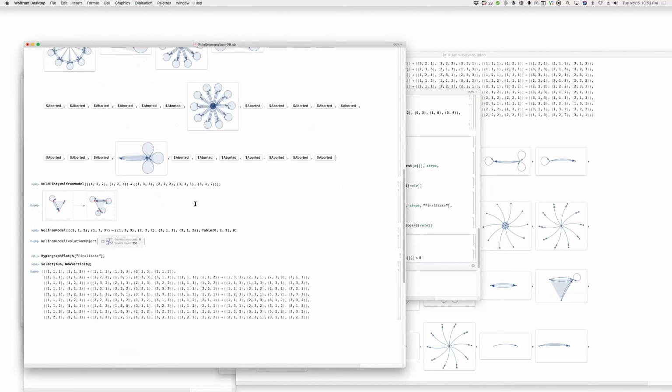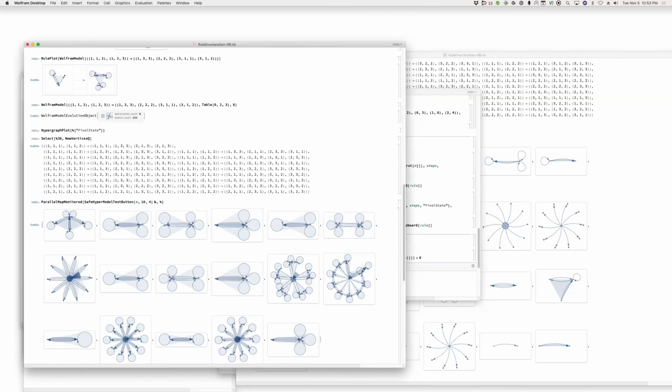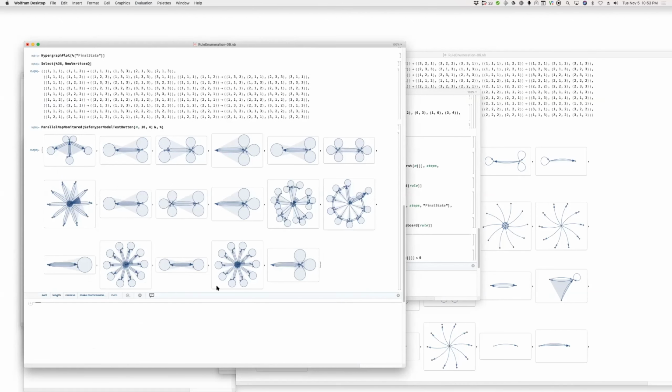Okay, let's try running this. Okay, are there any we care about here? You think that one guy might be interesting? I doubt it, but it might be. Doesn't look like it. I'm going to try anyway.